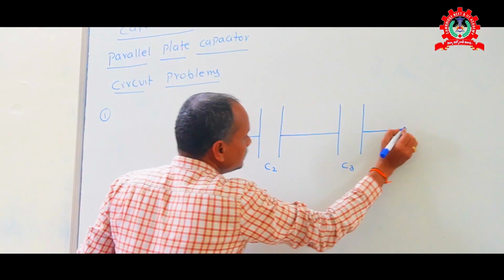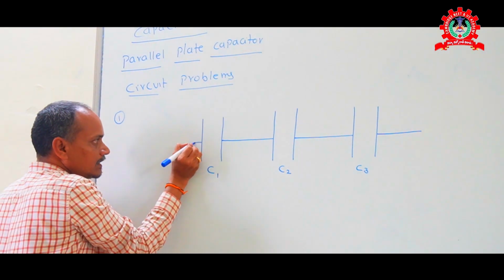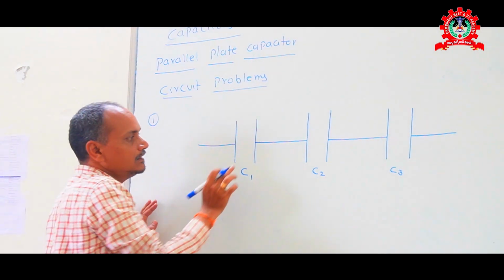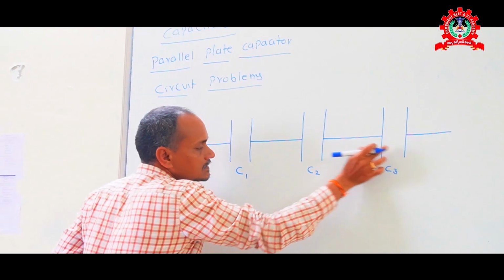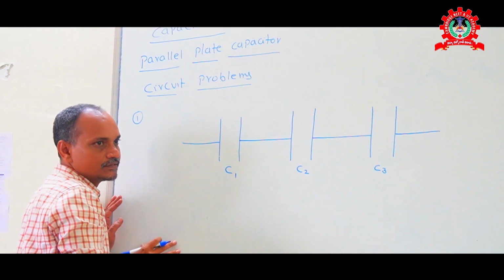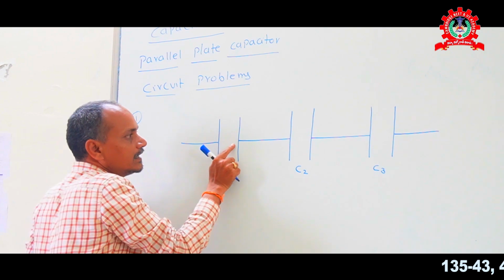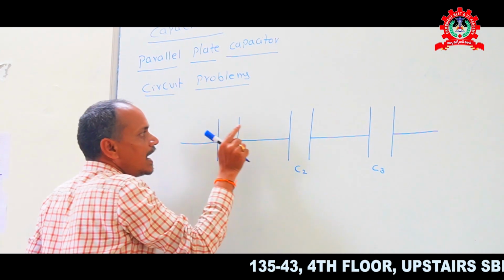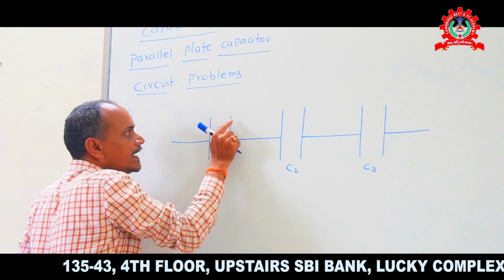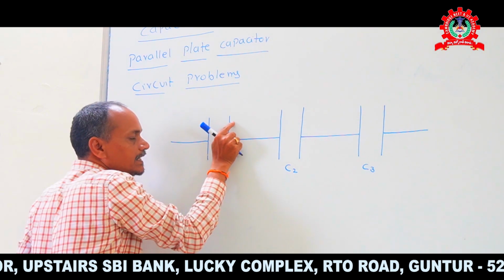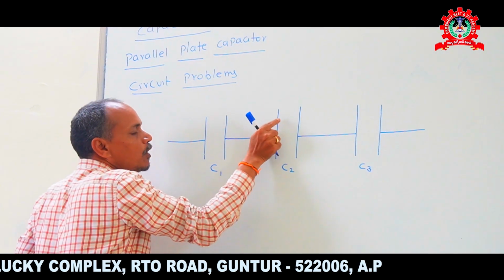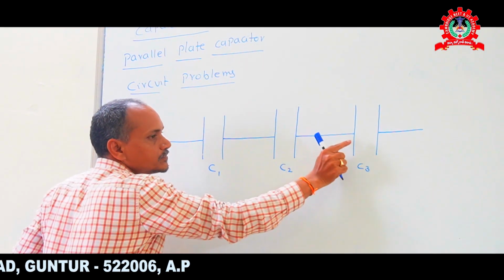Clearly these three capacitors appear to be connected in series, since they are connected side by side and the negatively charged plate of one is connected to the positively charged plate of the next, and so on.